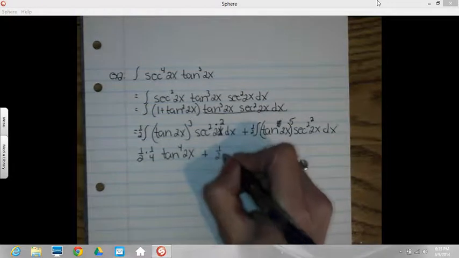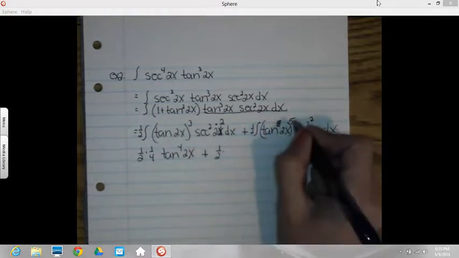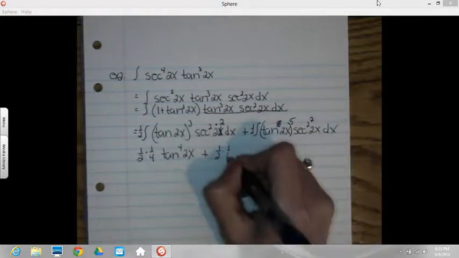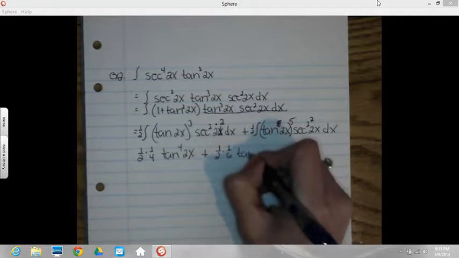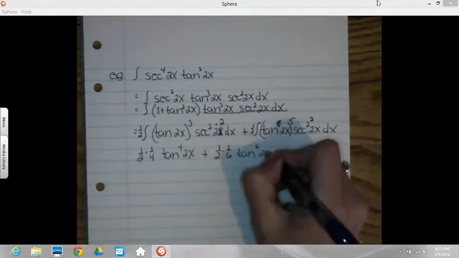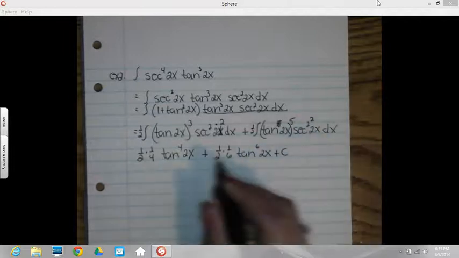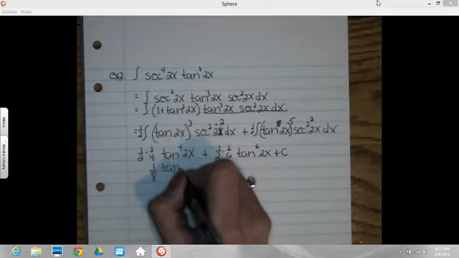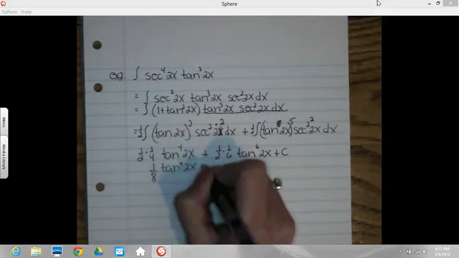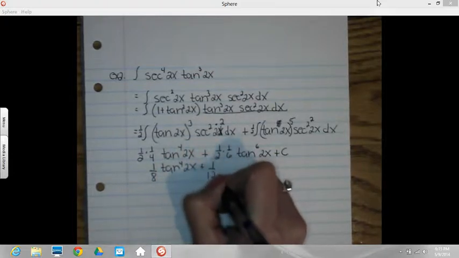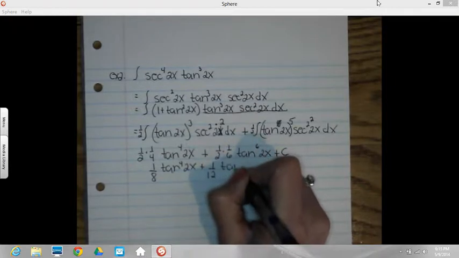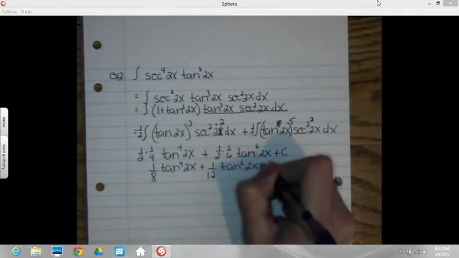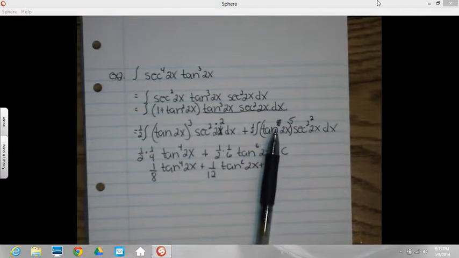Power rule is going to make that a 6, so I need a 1/6. Tan to the 6th 2x, plus C. So it's 1/8 tan to the 4th 2x, plus 1/12 tan to the 6th 2x. Okay, 1 second.